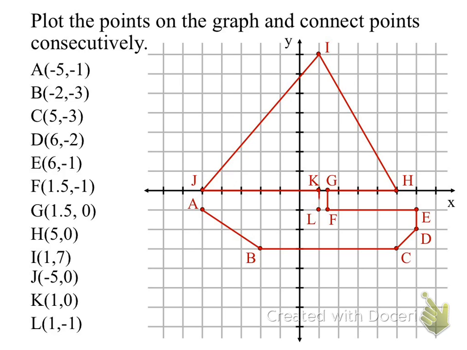I knew we were going to do that. By rights, this is actually wrong because the last point should be where? -5 and -1, which is back here, and I should be connecting my last point.